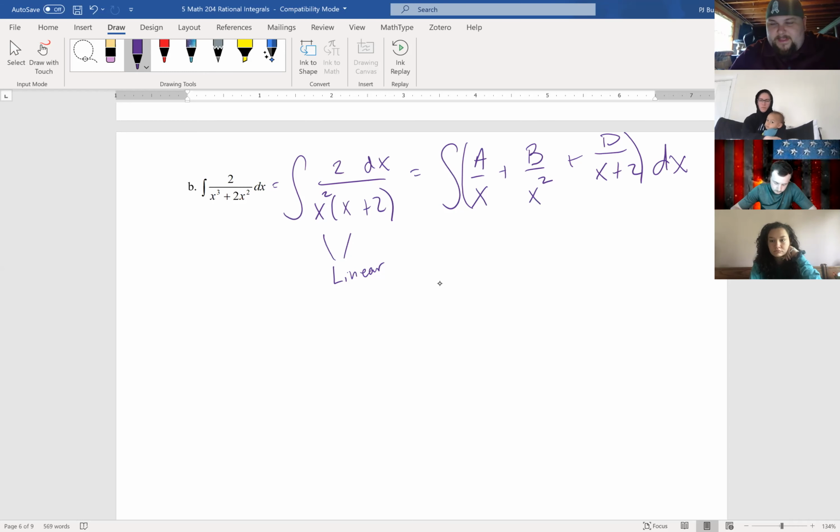Now I need to get a common denominator. And I know that when I was jumping in and out of the groups, one of the things I said to you kind of jokingly was don't reinvent the wheel. Right, so the common denominator you've created, it's right here. So the a term needs another x, and it needs an x plus 2 in it.